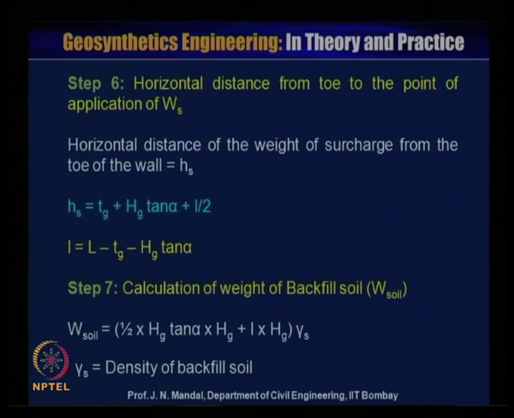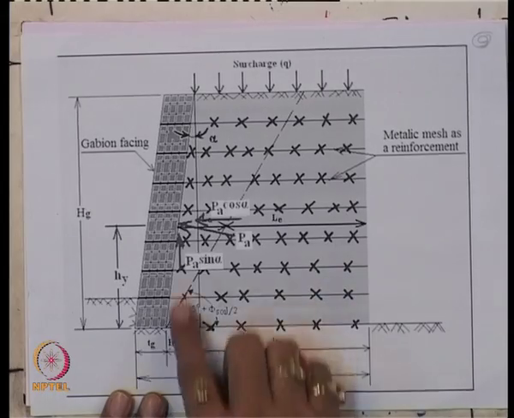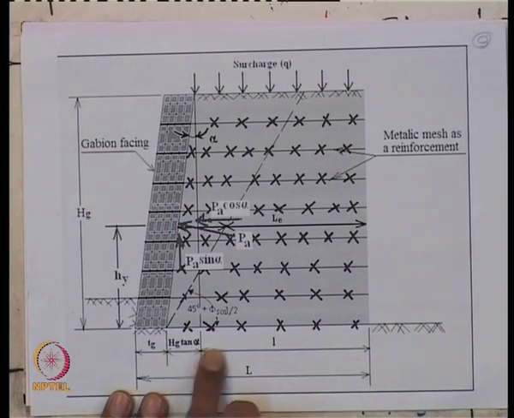Now step 7, calculation of weight of the backfill soil, that is W soil. That means W soil will be equal to half into Hg tan alpha into Hg plus L into Hg into gamma S, because you know that gamma S is equal to the density of the backfill soil. So you can calculate the weight of the soil here, because you can see this is Hg tan alpha.